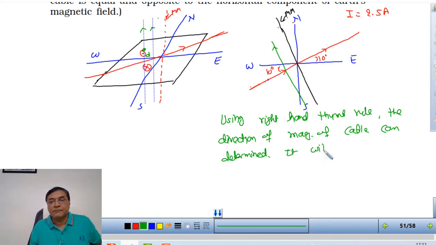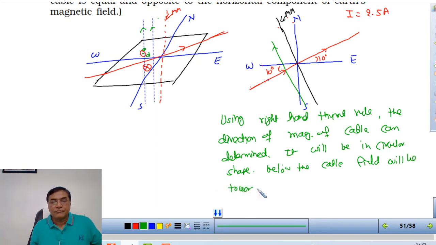It will be in circular shape, that is sure. Below the cable the field will be toward north, while above the cable it will be toward south.